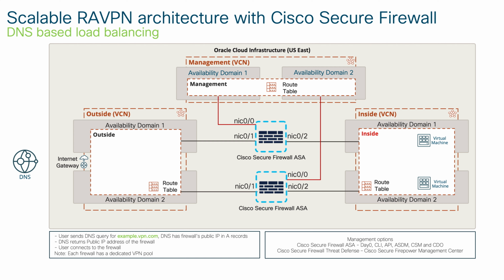Now, one thing that you should keep in mind: on your DNS, you will enable health monitoring for each ASA, and you will also create a record, and each record will point to the public IP address of your ASAs. Another important thing to keep in mind is that you will have a dedicated VPN pool for each firewall.